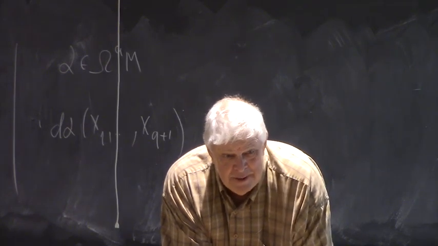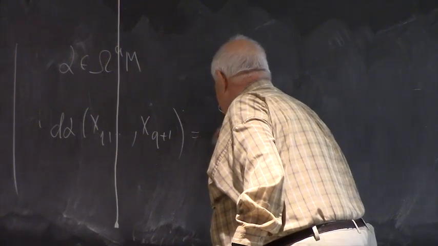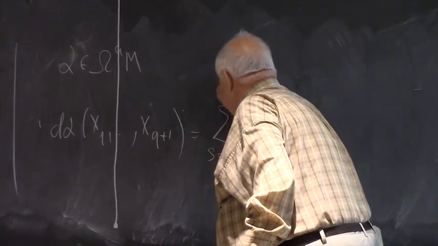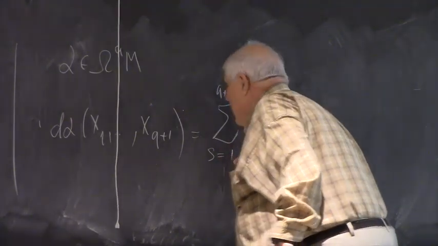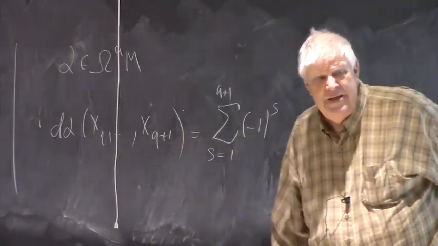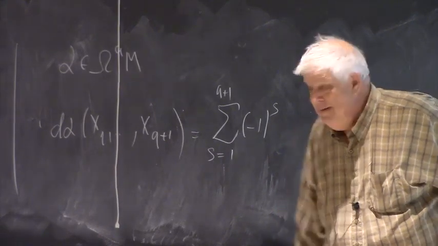We will be using both, and the formula is the sum over s from 1 to q plus 1, negative 1 to the power s, all negative ones unnecessary if we really want the result to be symmetric.